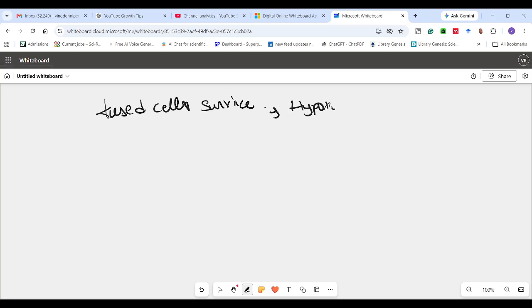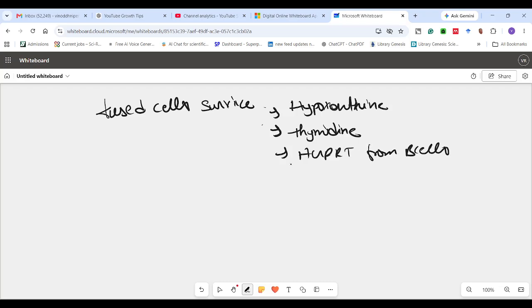Only the fused cells survive, with continuous growth from myeloma cells.